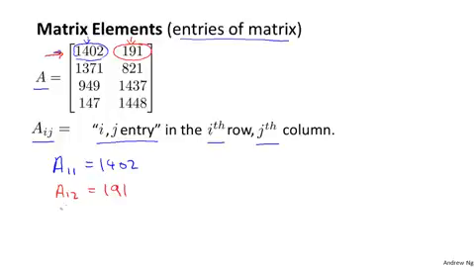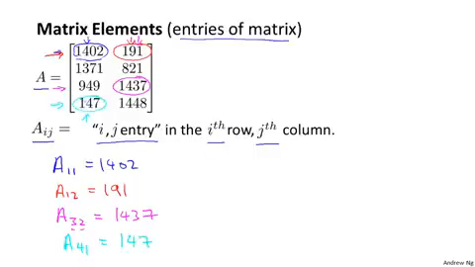Just a couple more quick examples. A32 refers to the entry in the third row and the second column, because that's 3, 2. So that's equal to 1437. And finally, A41 refers to the fourth row, first column, which is equal to 147.